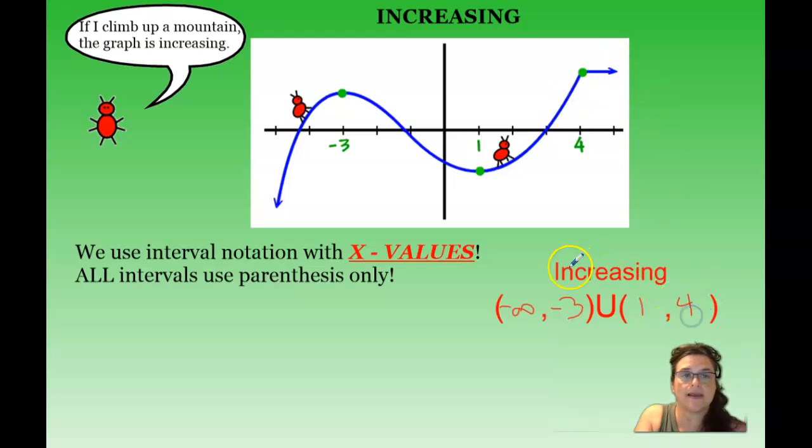So the intervals where the graph is increasing in y values occur where x is from negative infinity to negative 3, union 1 to 4. And we only use parentheses when we're talking about intervals of increasing, decreasing, and constant, no brackets.